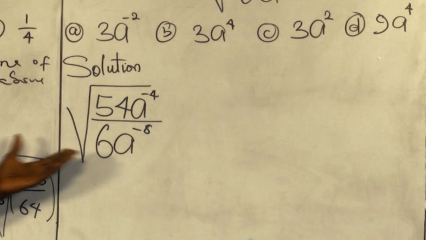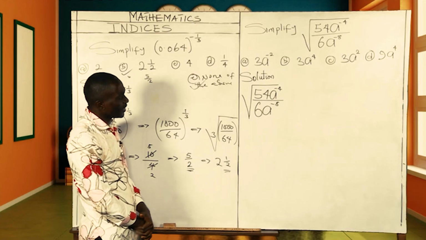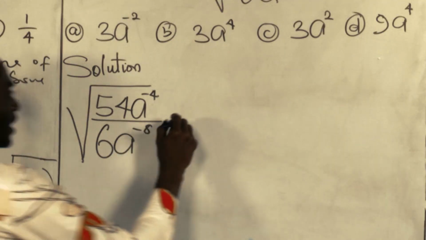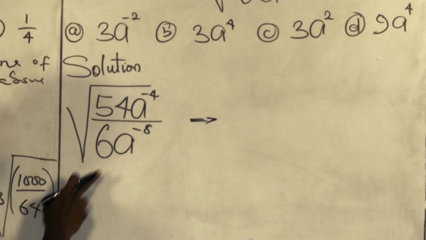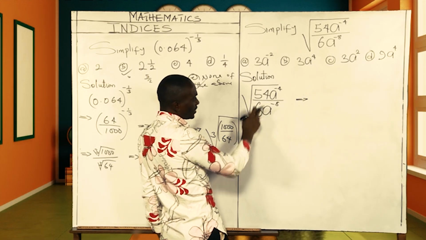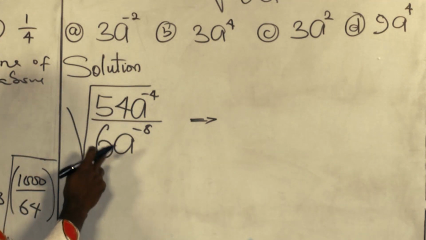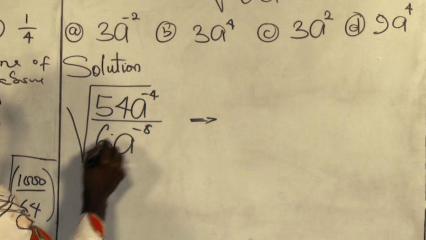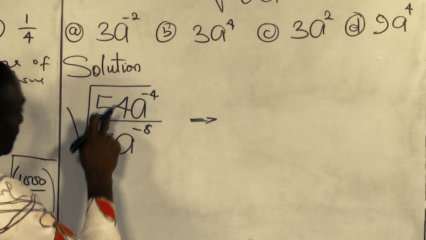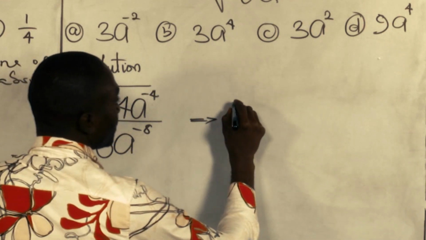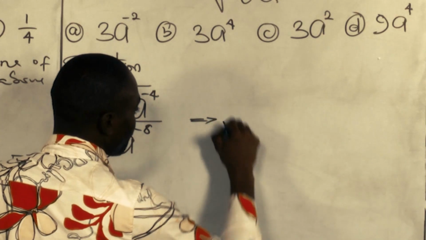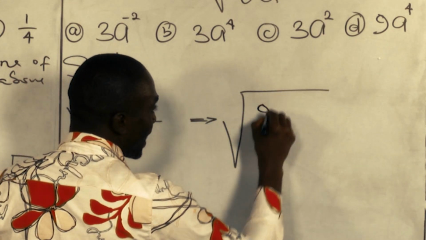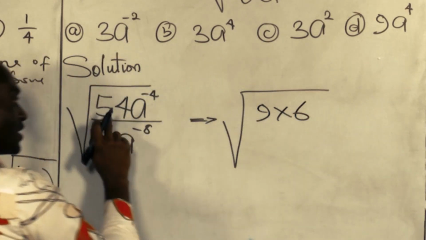How do we go about this? Something is hidden. What is it? Let's say that this 6 can go into 54. 6 in 54 will give us 9. Or let me split it for you to understand better: 54 is 9 multiplied by 6. 9 times 6 is 54.